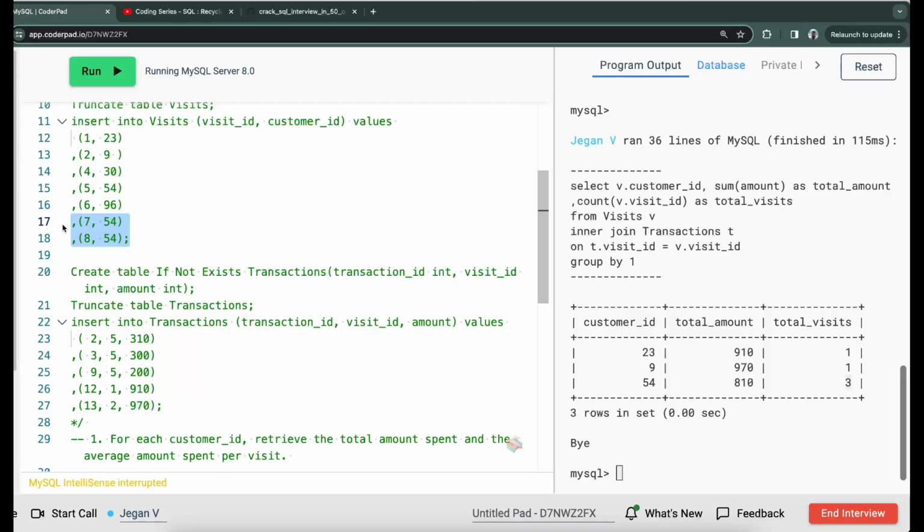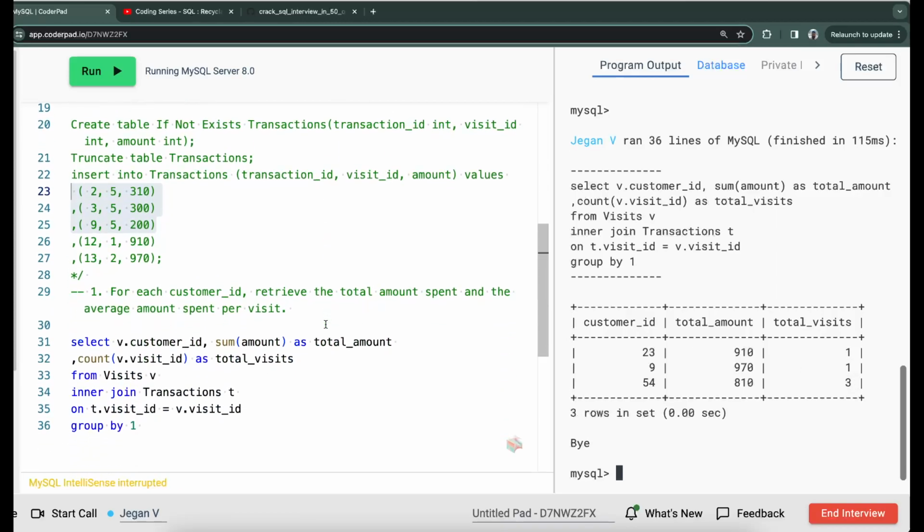So when you say the average spent on each transaction, that means 3 transactions and $810. But still we have 3 because we have 3 transactions. It's not total visits. If you want to find the total visits, then we have to say count of distinct visit ID.